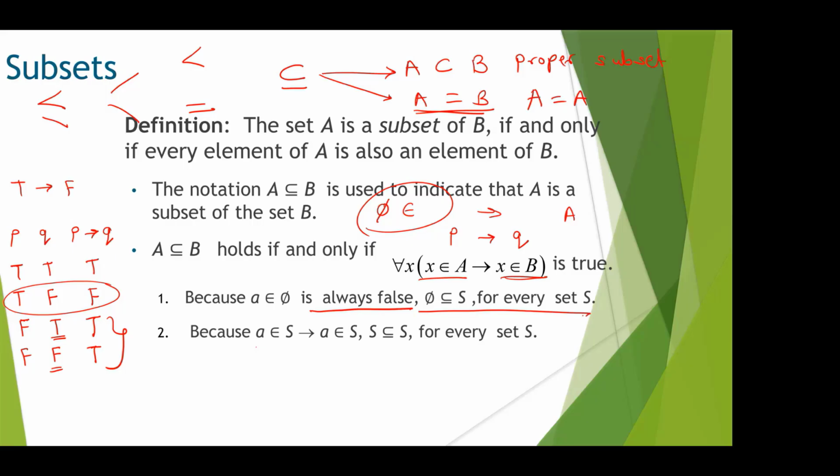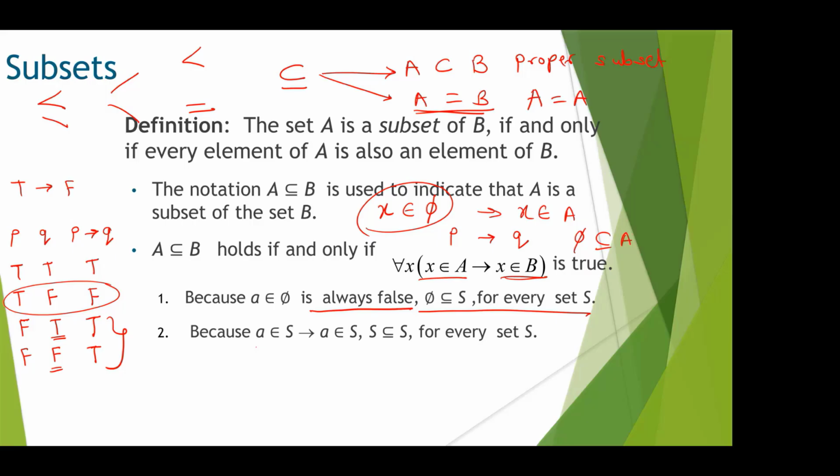So we are looking at the same thing from the proof side of it. It's okay if you don't understand this proof right now, but you will see that any member will never be part of the null set. So if we say that x is a member of the null set, and it implies that x is a member of A, then null is a subset of A. But this side is always going to be false.